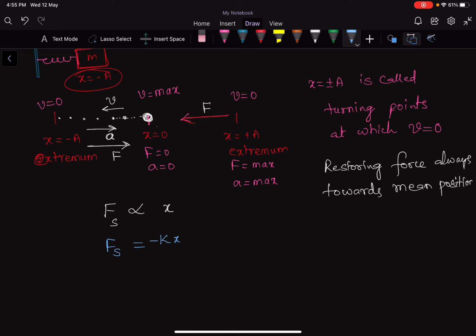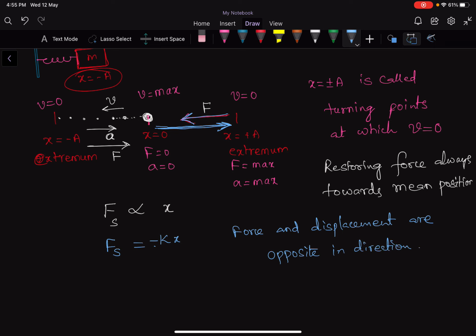As the particle moves, the displacement is like this, but the force acts opposite to the displacement. This negative sign indicates force and displacement are opposite in direction.